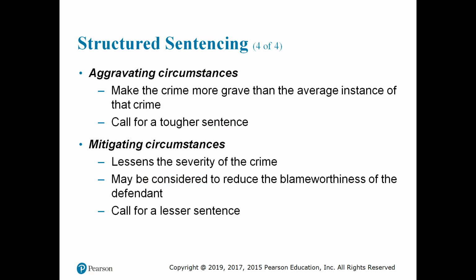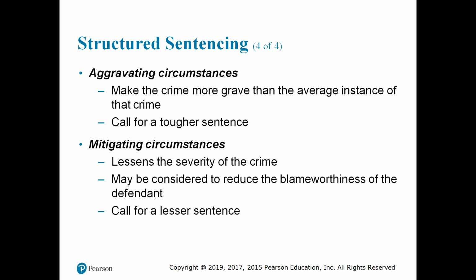These are the reasons why sentences can be less or more. First is the aggravating circumstance. An aggravating circumstance makes the crime worse. So say somebody goes into a store with a gun to rob it. They go up to the counter, they ask for the money, point the gun at the clerk, the clerk gives them the money, and then the person that robs them hits the clerk in the head with a gun, knocks him out.